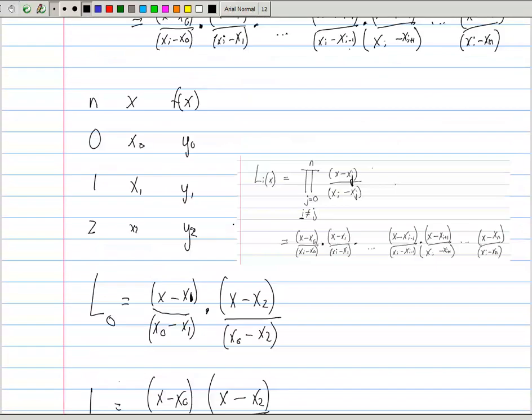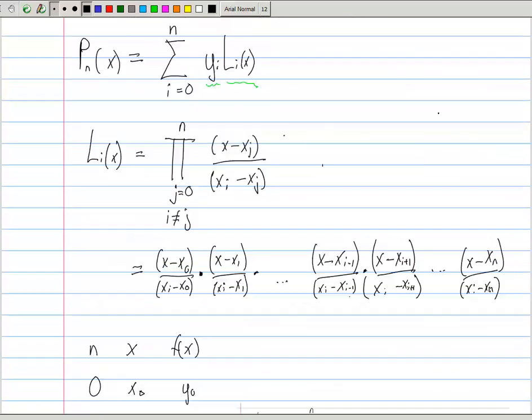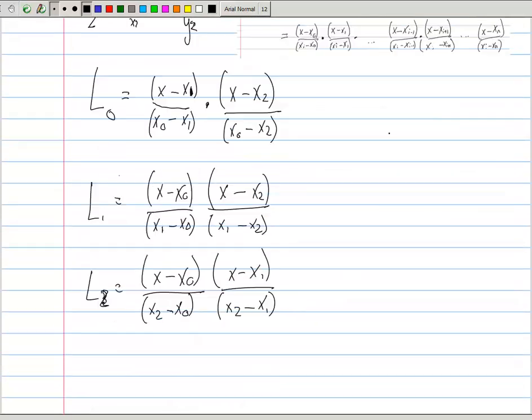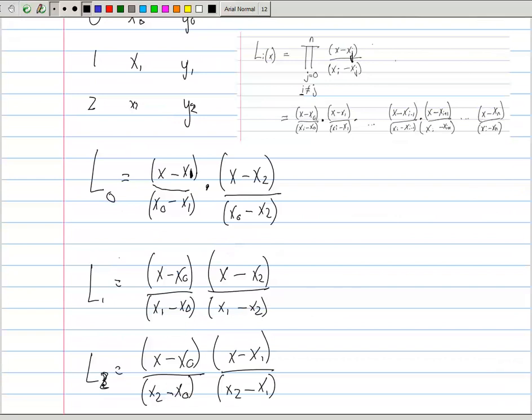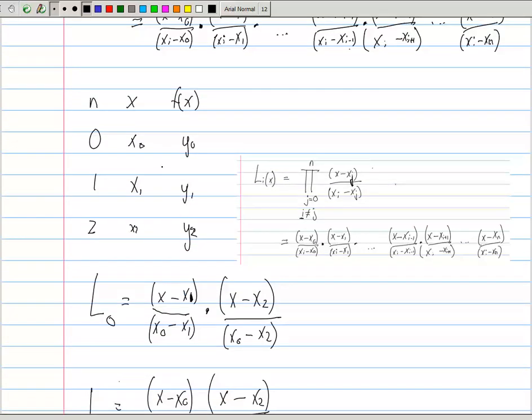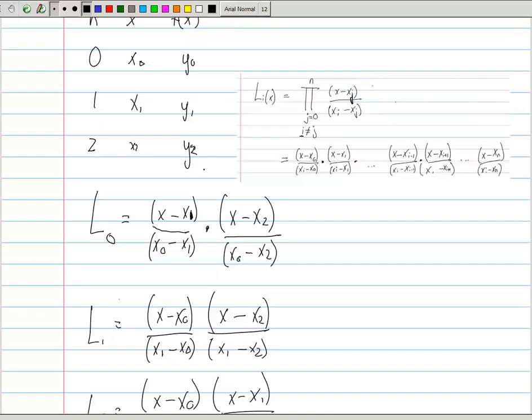And if you were to multiply these out, you would get a polynomial in this form. Otherwise, you just have it factored. Now, the way that you can think of it, just as a brief understanding of how it works, consider each of these. This is an approximation method. So let's consider when x is x0.